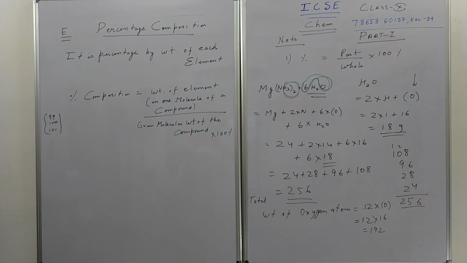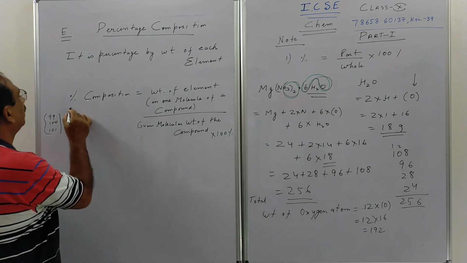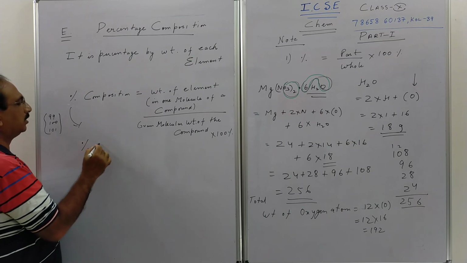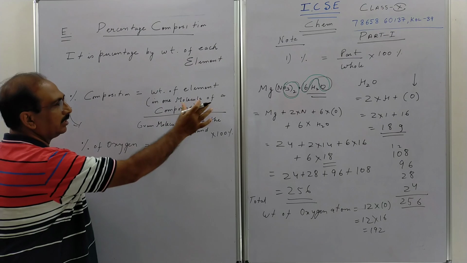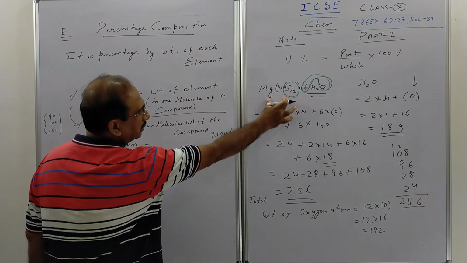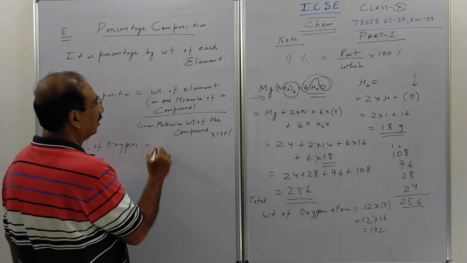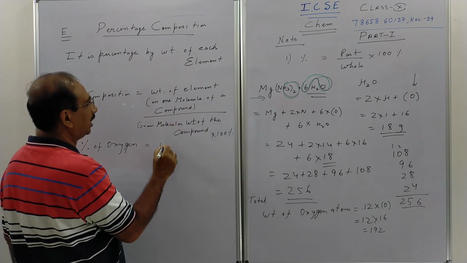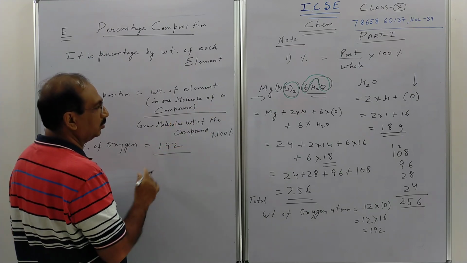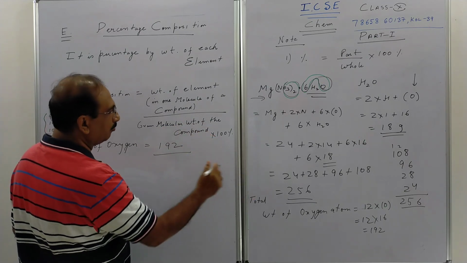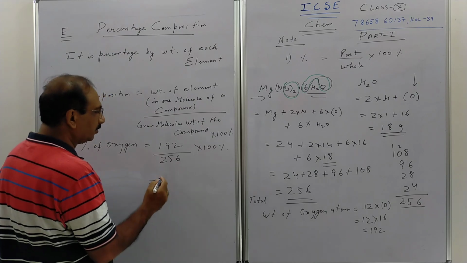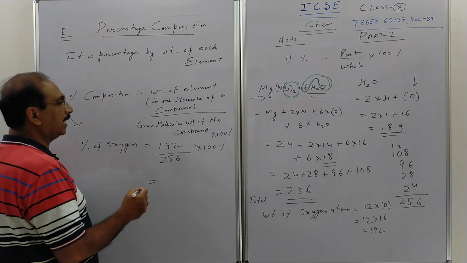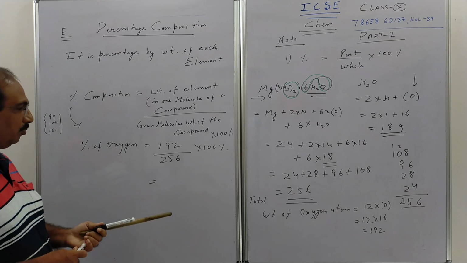Children, I use the same formula: percentage of oxygen is the weight of the element in one molecule of the compound, which is the weight of oxygen in one molecule of magnesium nitrate hexahydrate, 192, divided by the gram molecular weight of the compound, 256, into 100%. So let us cancel and see how much you get.